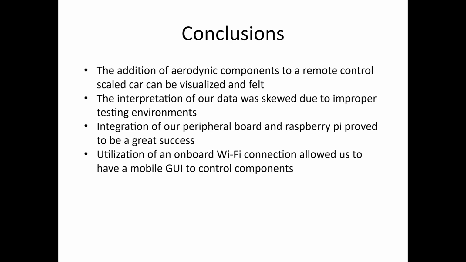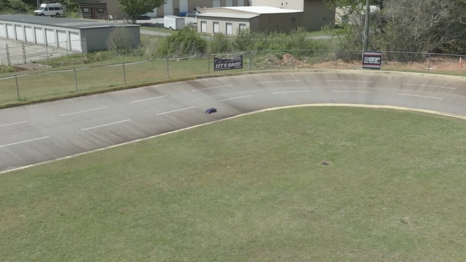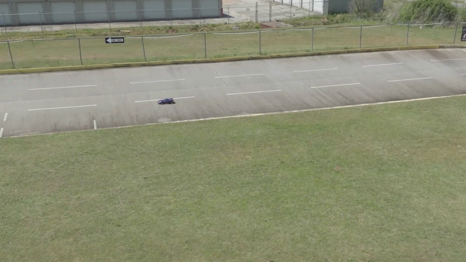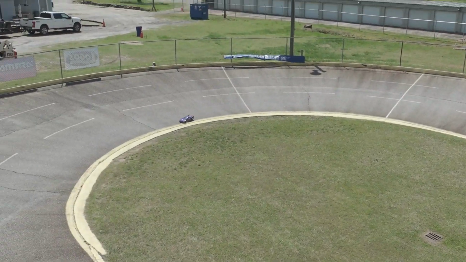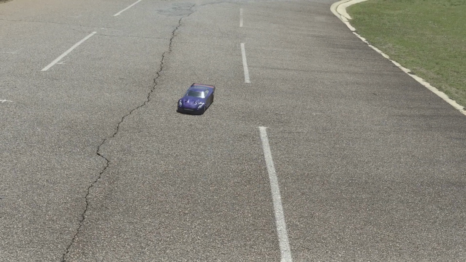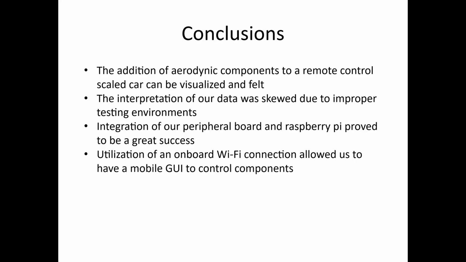We were extremely limited in space, and we only had very limited time at a track that was set up for high speed, low downforce cars, which is why our vehicle with more aerodynamics actually had a slower speed, because we were adding aerodynamics to a track that really didn't need downforce. But that was, again, the only place that we had any chance to test as far as space goes.